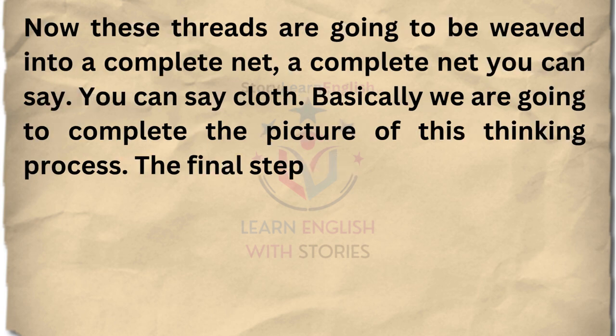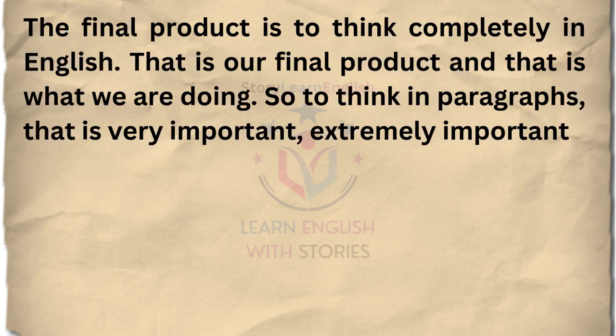Now these threads are going to be weaved into a complete net, you can say cloth. Basically, we are going to complete the picture of this thinking process. The final step. The final product is to think completely in English. That is our final product, and that is what we are doing.